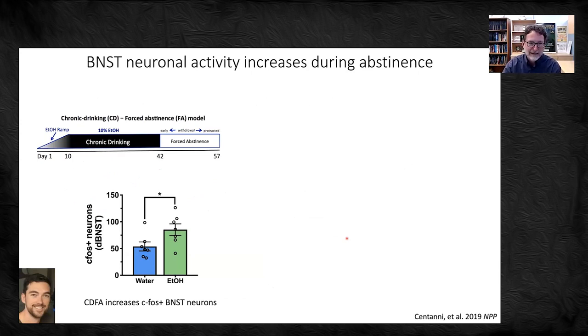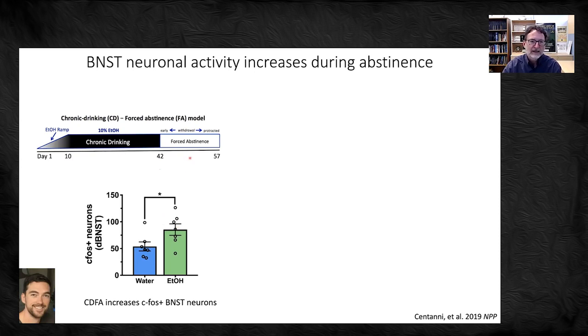Is it necessary to produce the behavior during forced abstinence? One hypothesis, if that were the case, would be that we would see increased activity of the insula to BNST pathway. And we tested this in a couple of different ways. First, we looked at the BNST in forced abstinence. We looked at that Fos molecule again, a crude marker of neuronal activity.